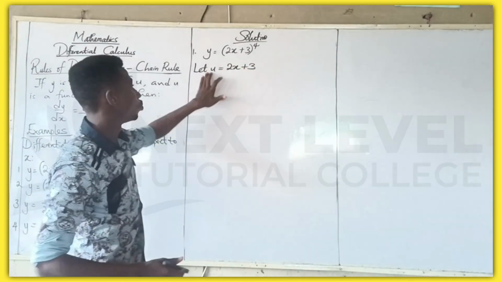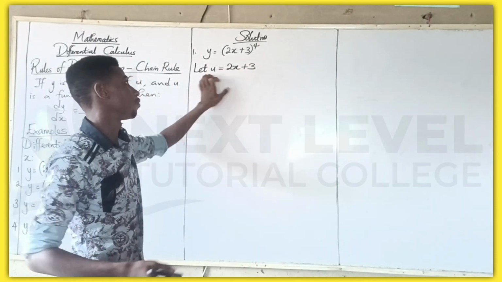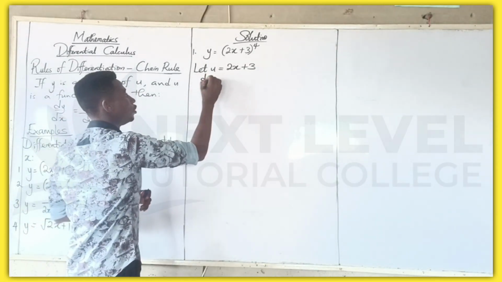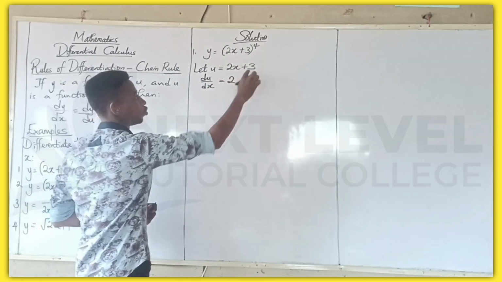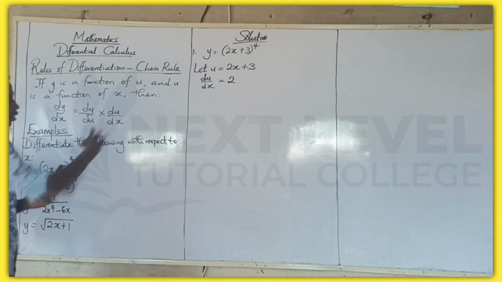So u is this. I tell my students, immediately you've done this, quickly differentiate this. To differentiate means to find du/dx, and if you differentiate 2x you get 2, and the constant 3 gives 0. So that is du/dx in the formula. Can you see that?